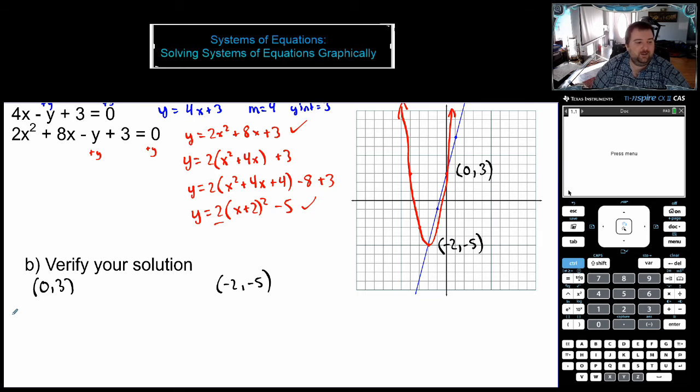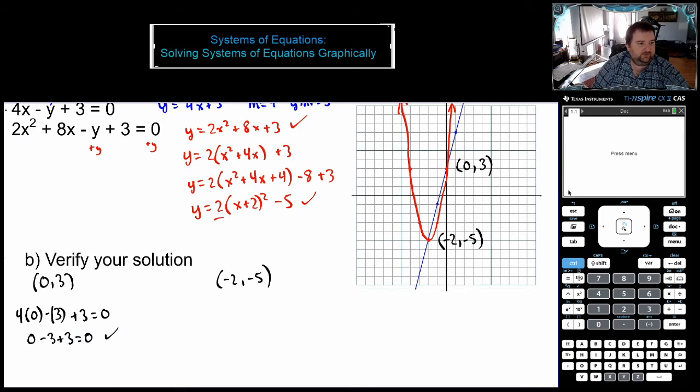So there's actually going to be 4 steps that you do here. Let's start with this one. We're going to have 4 times x, which is 0, minus y, which is 3, plus 3 equals 0. Let's see if that works. 4 times 0 is 0, minus 3 plus 3, of course, is 0. That does work.